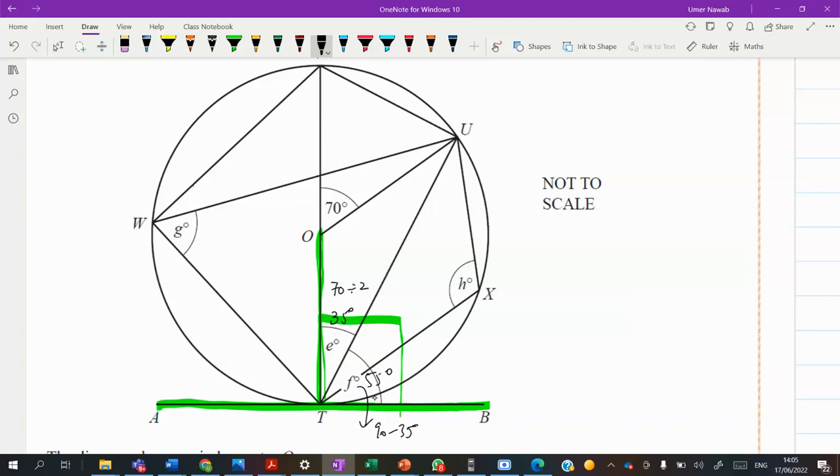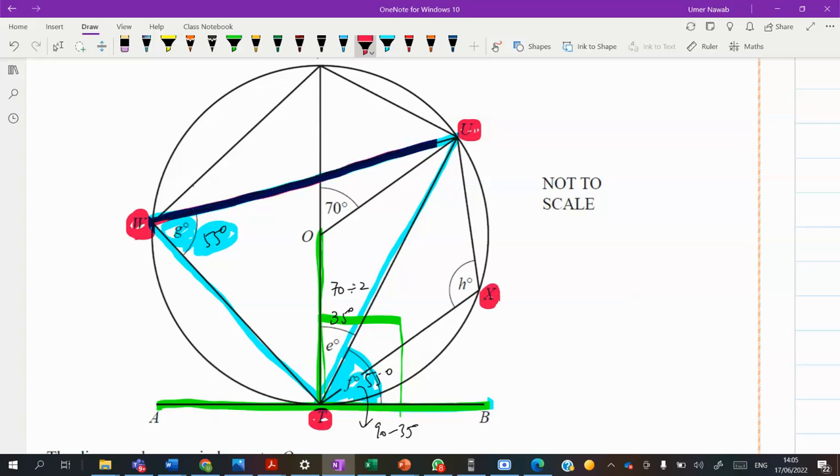So if this is 55, that has to be 55 in the alternate segment theorem, because you remember, if this angle is 55, that has to be 55 by the alternate segment theorem. Then the last one is the cyclic quadrilateral property, that all four corners are on the circumference.